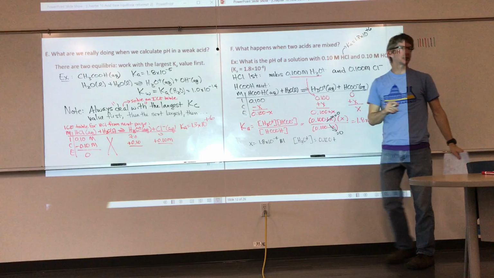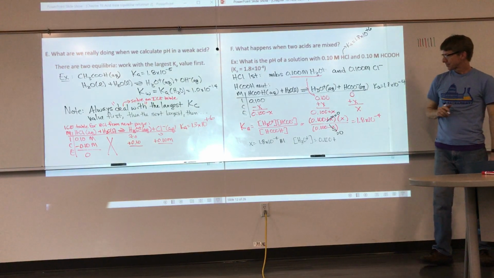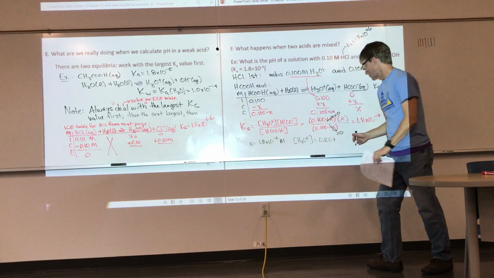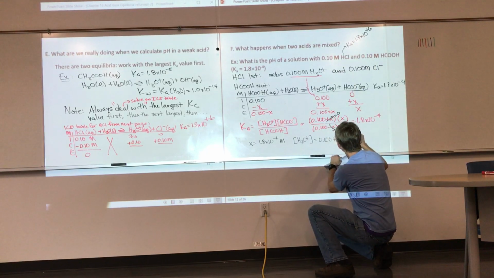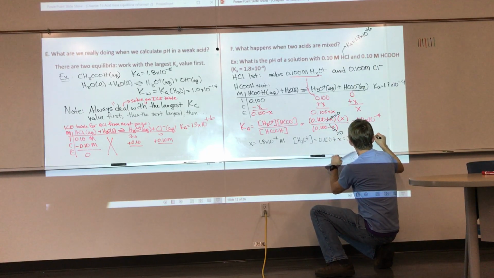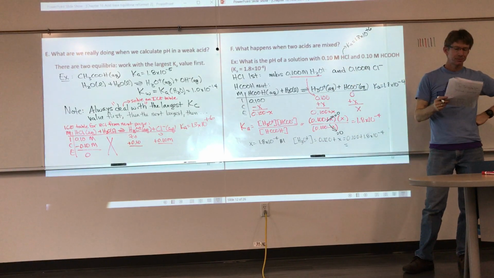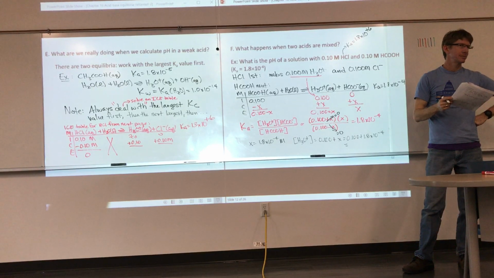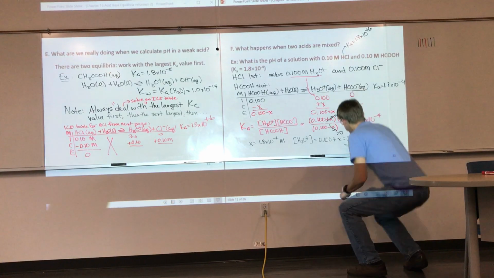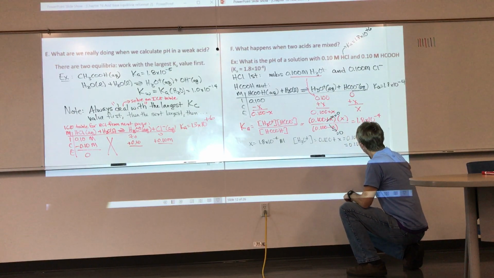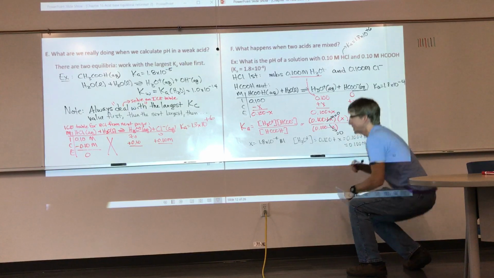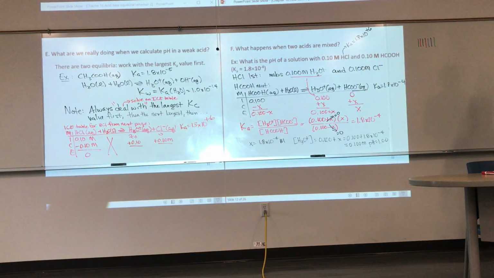It's 0.100 plus 1.8 times 10 to the minus 4th, which to 3 sig figs is still 0.100. pH is still 1.00. Conclusion, the HCl does all the significant acid work here.